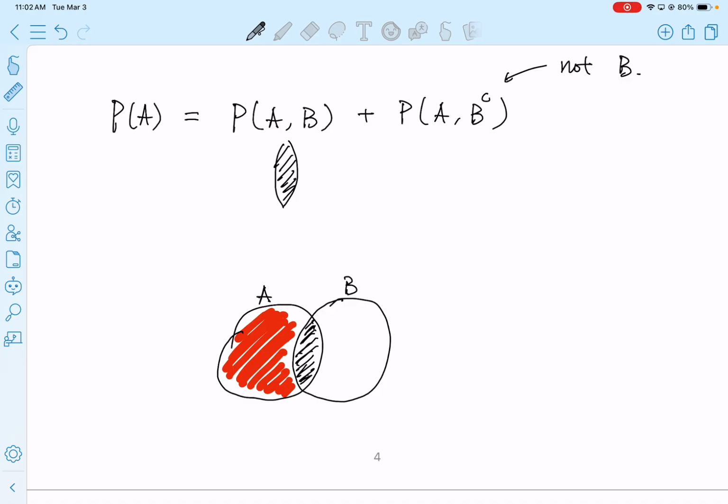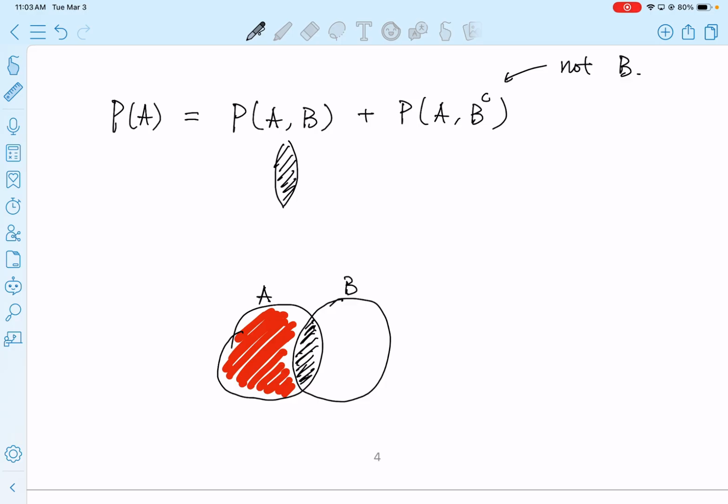The probability of A and B happening at the same time is the region where they overlap, which is this part, representing the first part. The second part refers to the probability of A when B is not happening. B happening is represented by this circle, but B not happening is represented by the outside of this circle.